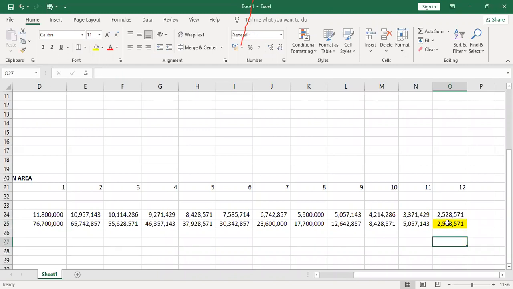So at the end of the project's life, you have to sell off this asset, and it is assumed that you dispose of the asset at the written down value. This written down value will be a cash inflow in year 12.